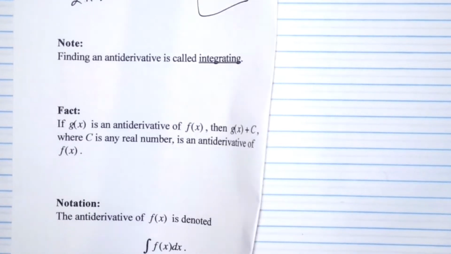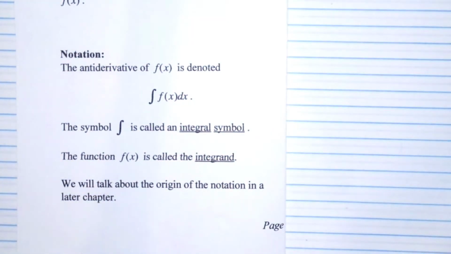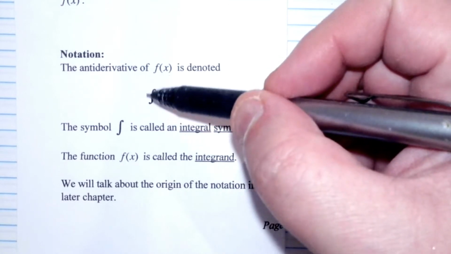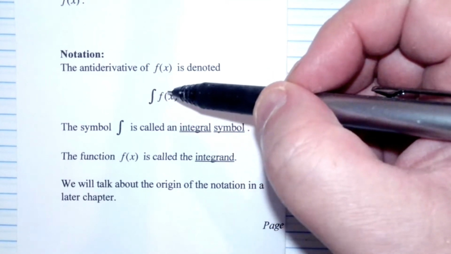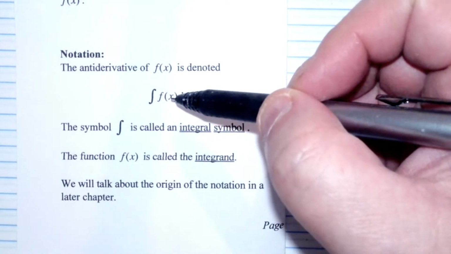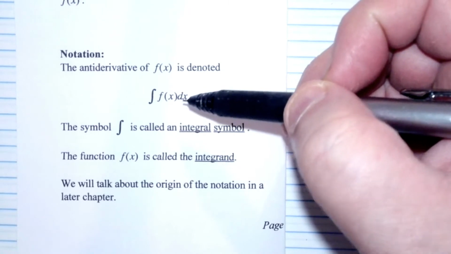Alright, so let's talk about some notation. The antiderivative of f of x is denoted by this symbol. There's this sort of long S shape. That's called an integral symbol. And then the f of x, that's the function that you're integrating. That's called the integrand. And then the dx is just the differential of x.